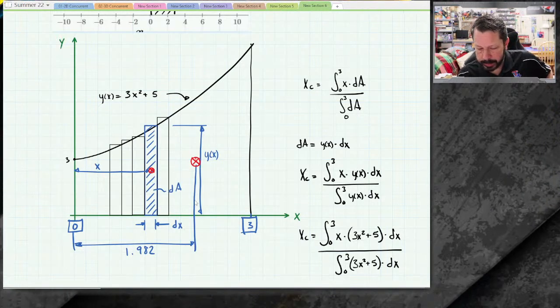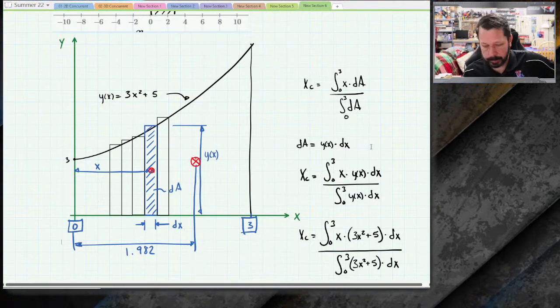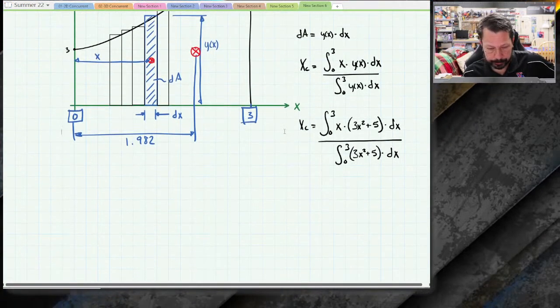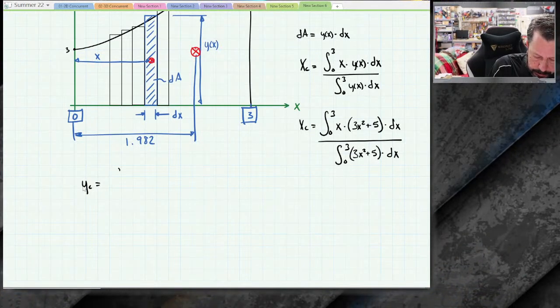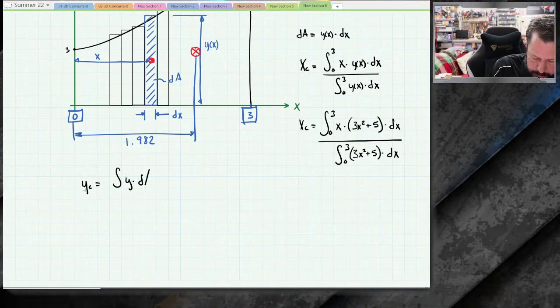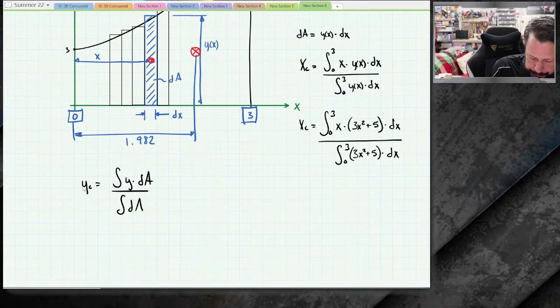Let me point out one thing about y sub c. We don't need to calculate y sub c, but I do need to point out one thing about it. y sub c equals the integral of y dA over the integral of dA.